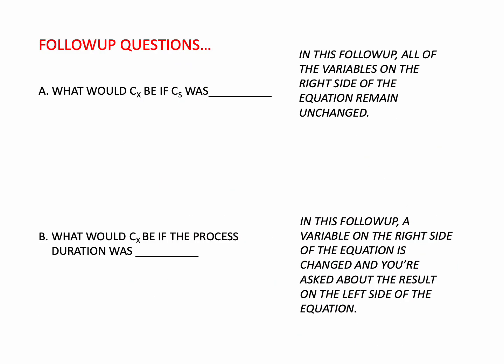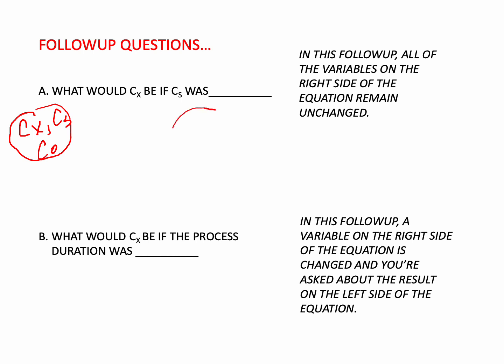So there's two different kinds of follow-up questions. One of the kinds of follow-up questions, the first one I'm going to show you here, can be really simple if you know the shortcut. So that would be, hey, what would C sub x be if C sub s was something different? So again, remember that in our equation, on the one side we have Cx, Cs, and C0.